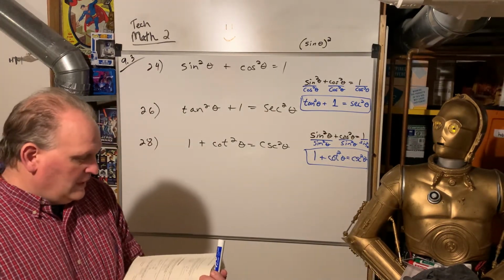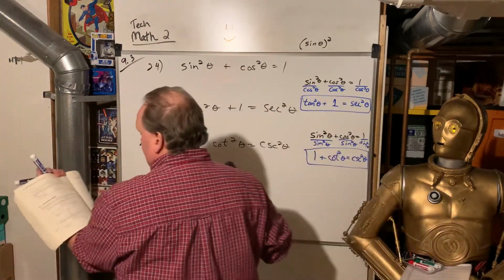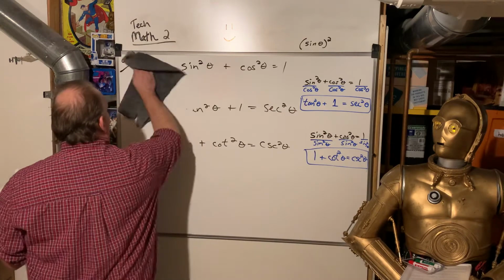Lovely, lovely. We will use those when we're doing proofs and things in 9.6. So let's take a look at 9.4.